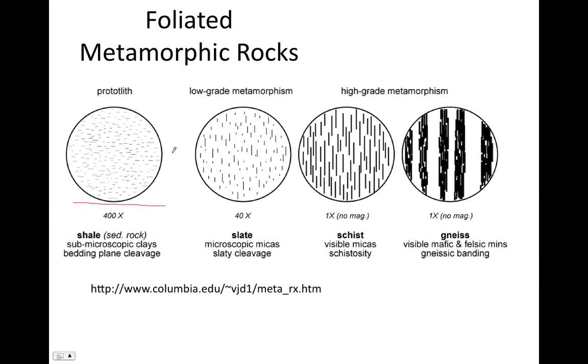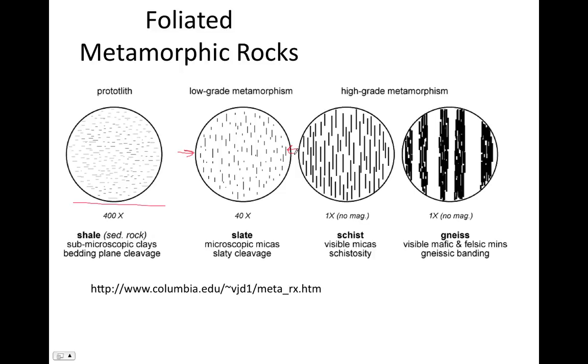It's squeezed horizontally, and it develops a low-grade metamorphic texture, which is slaty cleavage. These clay minerals have recrystallized into tiny chlorite and muscovite crystals that are parallel to each other, but perpendicular to the direction they're being squeezed. They're squeezed in this direction.